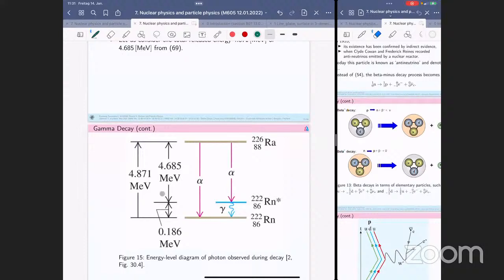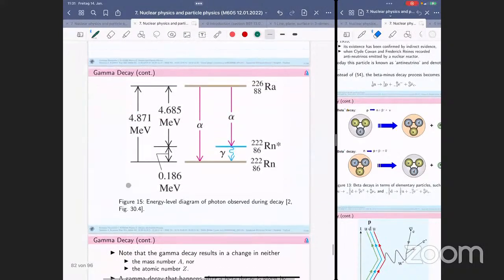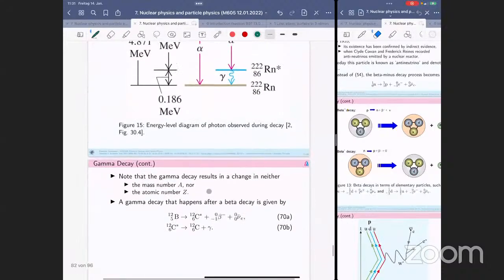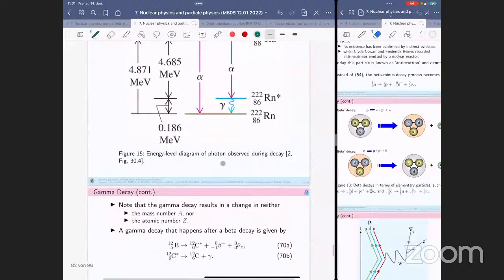The gamma ray is the difference between the typical process and the excited process here. So you can find the difference, and the difference is 0.186 mega electron volts. Okay, and that 0.186 mega electron volts is the energy of the gamma ray.